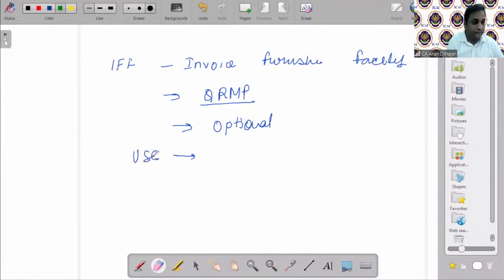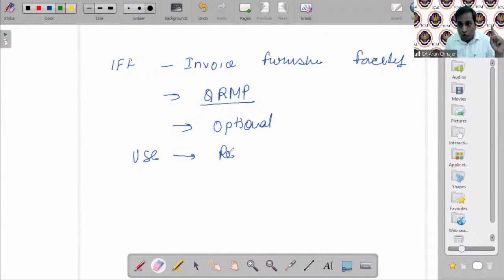What is the use or purpose? Suppose I am a supplier who has opted for QRMP, you are my recipient purchasing something from me, and you are a monthly filer of the return. If I have made the supply, you can't take the input tax credit because the transaction will appear in GSTR 2A and 2B only when I file the GSTR 1, that is after the end of the quarter.